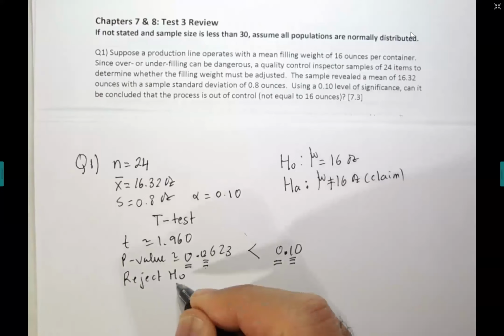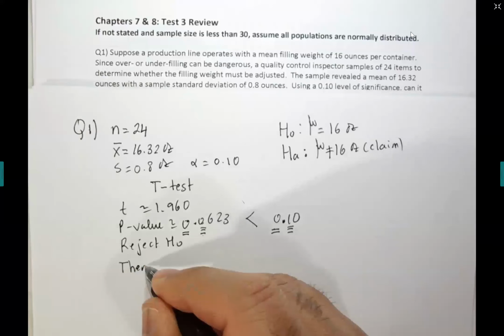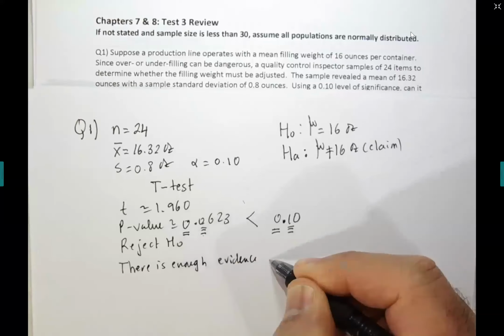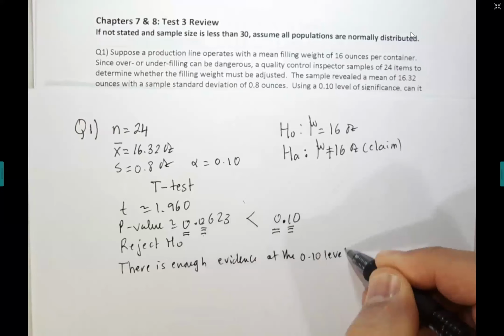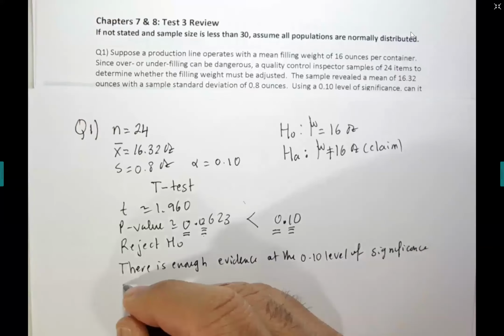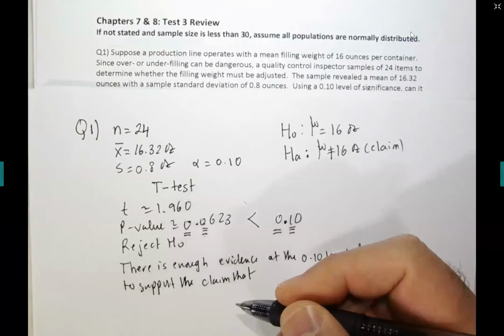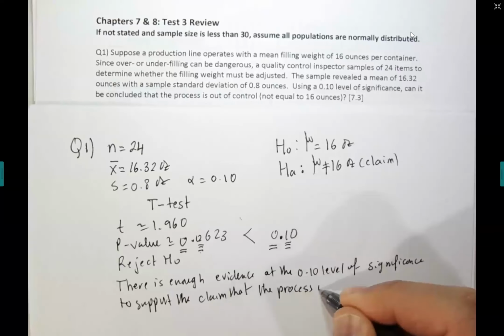And then, guys, we say there is enough evidence at the 0.10 level of significance to support the claim that the process is out of control and needs to be adjusted.